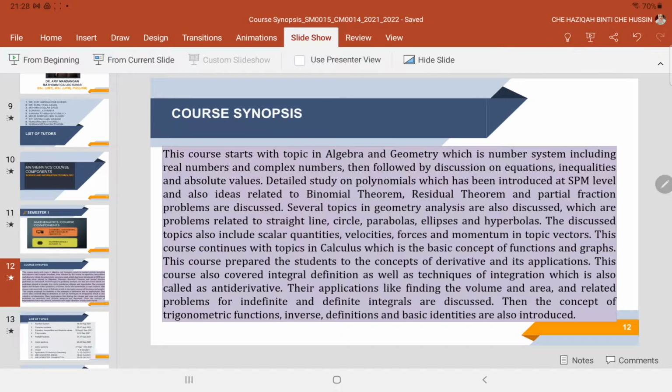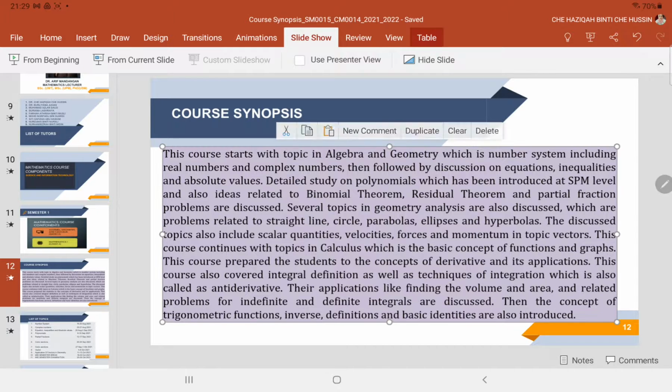Now we look at the course synopsis. This course starts with topics in algebra and geometry, such as the number system, including the real numbers, followed by the complex numbers, and then equations, inequalities and absolute values. Then we will introduce polynomials, related to the binomial theorem, remainder theorem, and partial fractions.